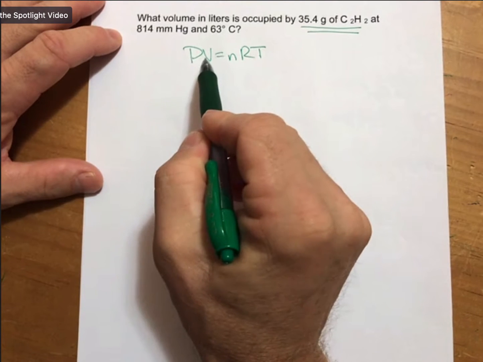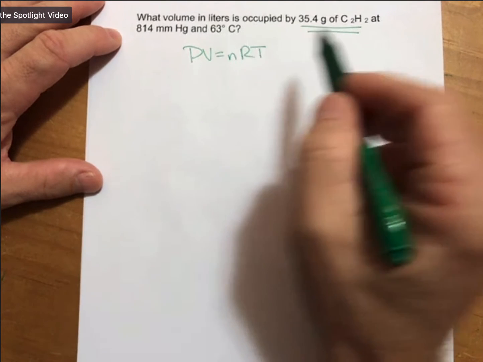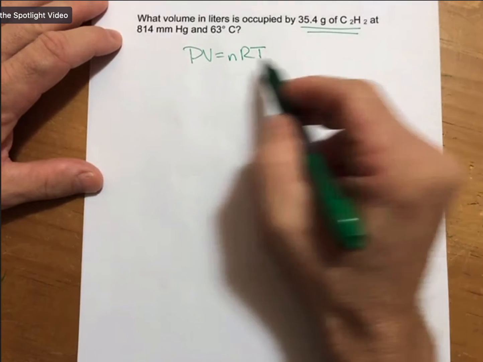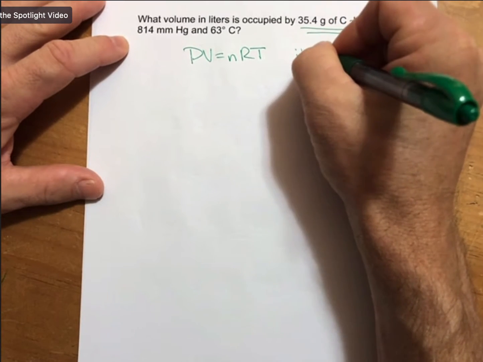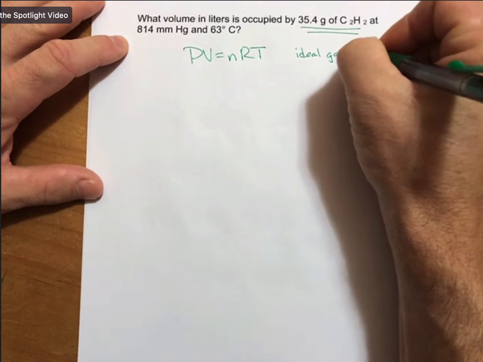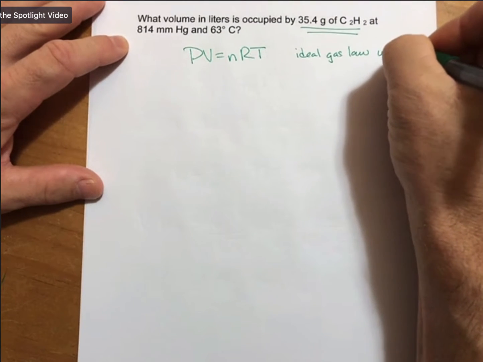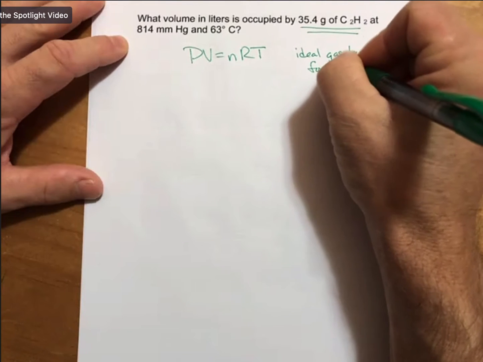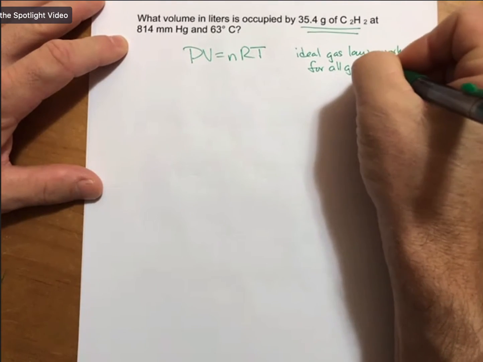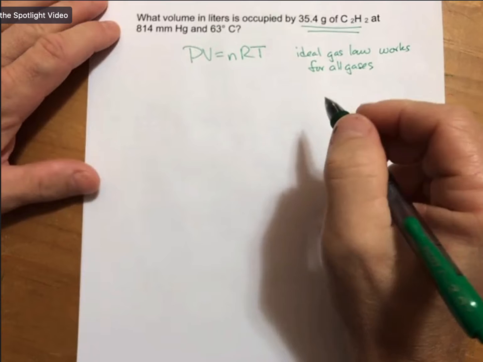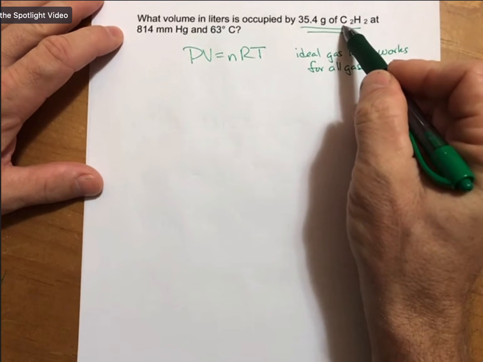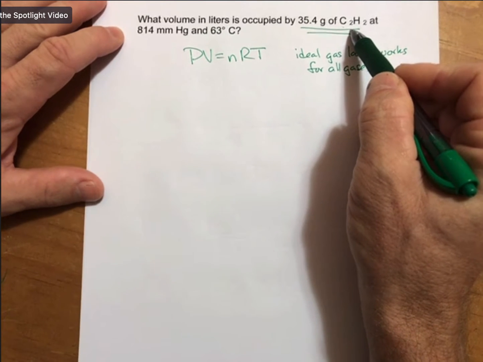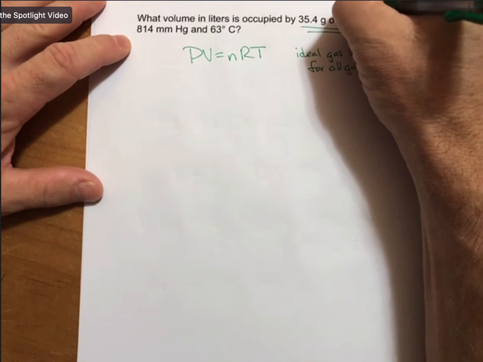And one thing I'll point out about this is, the ideal gas law works for all gases. What we will see is that the only place that the actual identity of the gas comes into it is when we use the molar mass.